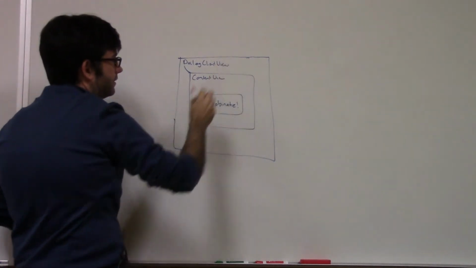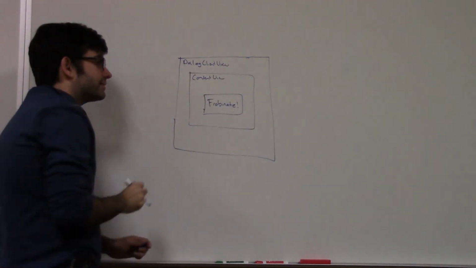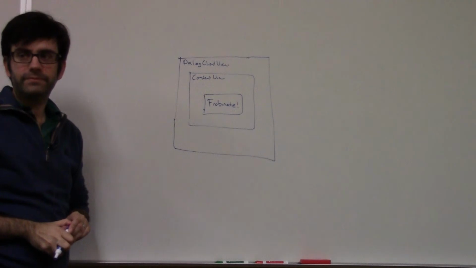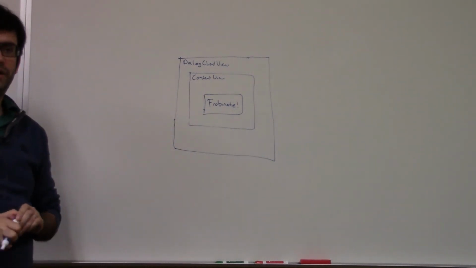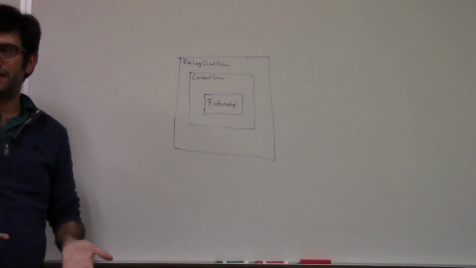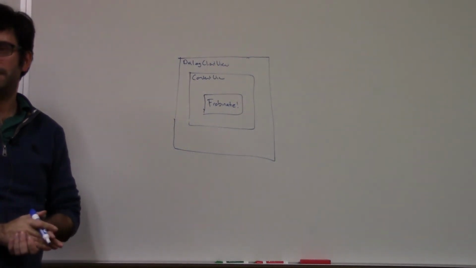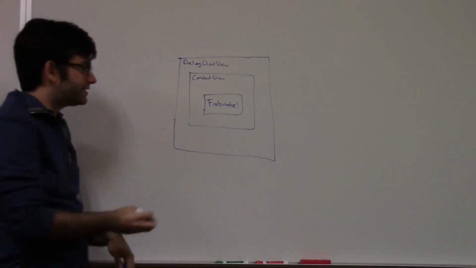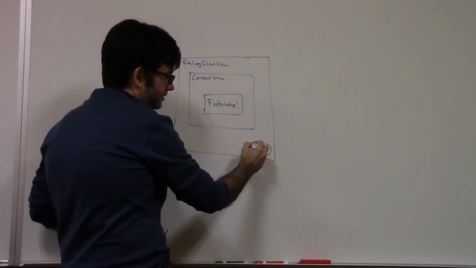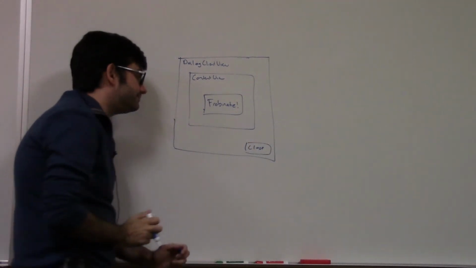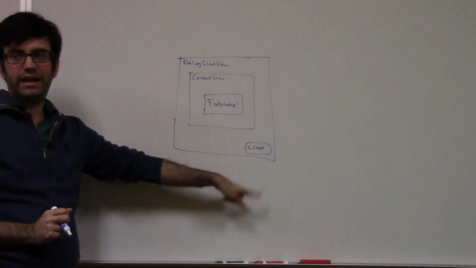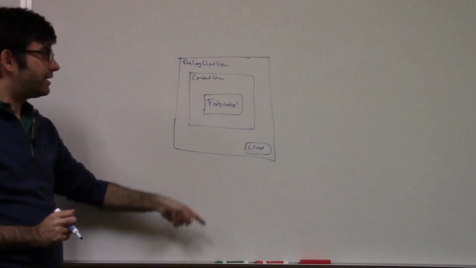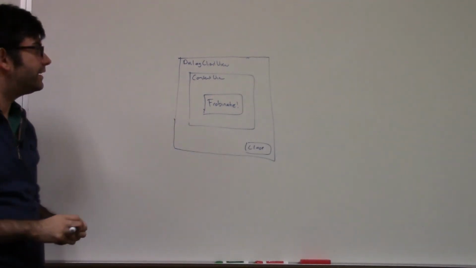For dialog boxes, there's an interface called dialog delegate that allows you, as the user of a dialog box, to define actions that happen when the dialog is closed. Sometimes there may be OK or cancel buttons, so you can define things like that. But let's just say I have a close button, so it supplies a close button as well. And so I get called back if you click on that. Otherwise, you can define what happens when you click on that.